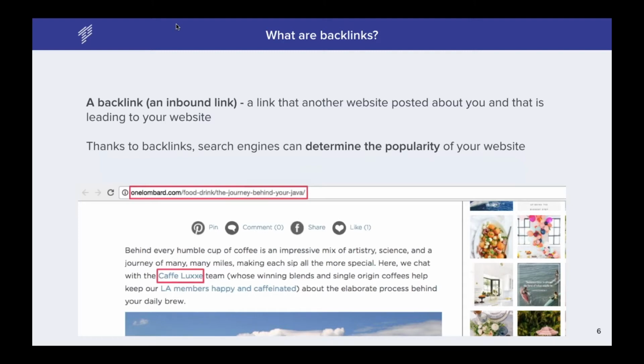Thanks to those backlinks, search engines can determine the popularity of your website. The way it works is that websites pointing to you are telling their readers to go to your site, so they have placed their vote of confidence in you. In general, the more links, the more votes, your website receives, the more popular it is considered to be.